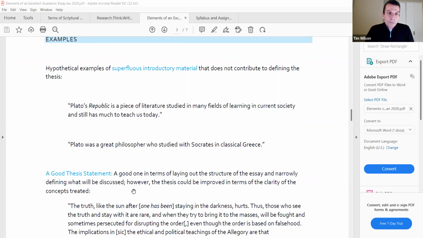I like this one: "Plato's Republic is a piece of literature." I like that, that's a good phrase. "Studied in many fields of learning in current society and still has much to teach us today." Or, "Plato was a great philosopher who studied with Socrates in classical Greece." This gets me to another question I sometimes get.